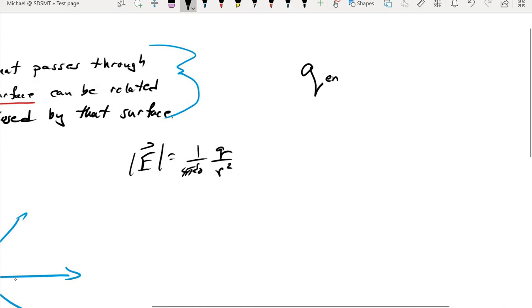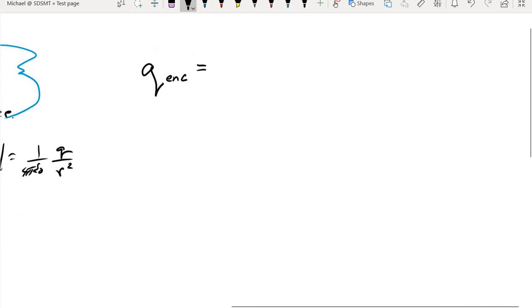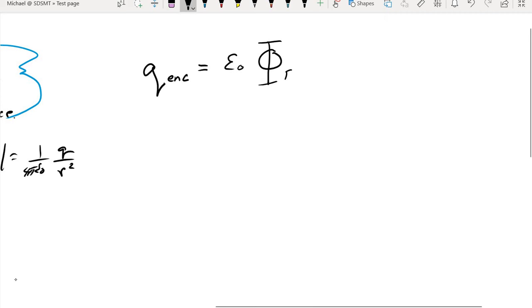So right here we have what we're going to call the enclosed charge, and we're going to relate it to a term that we call electric flux. So this capital Phi here, this stands for electric flux.